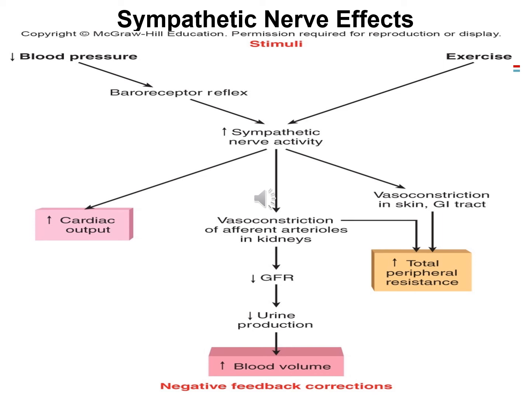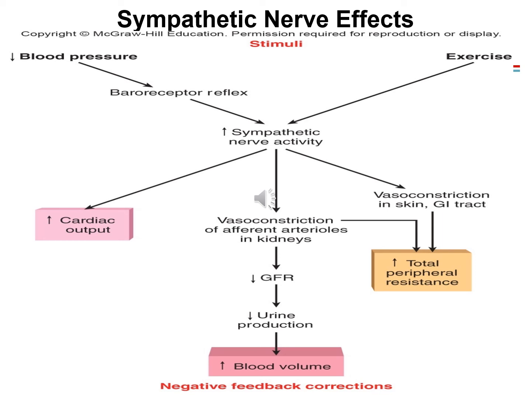And in the case of exercise, we automatically engage the sympathetic nervous system, increasing the heart rate and the strength of contraction. Engaging the sympathetic nervous system triggers three different actions. One is in the heart, another is in the kidneys, and the other is in the skin and gastrointestinal tract.